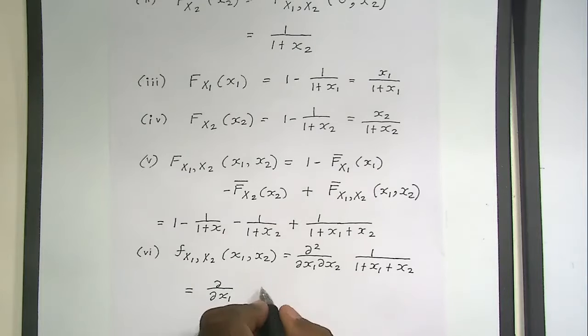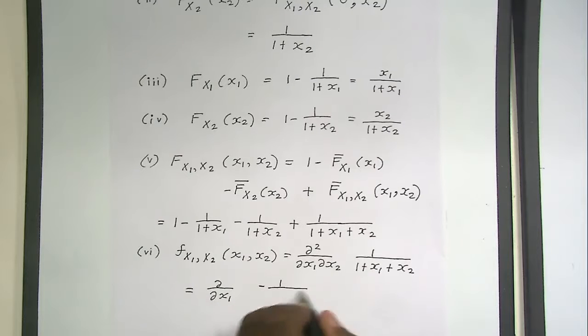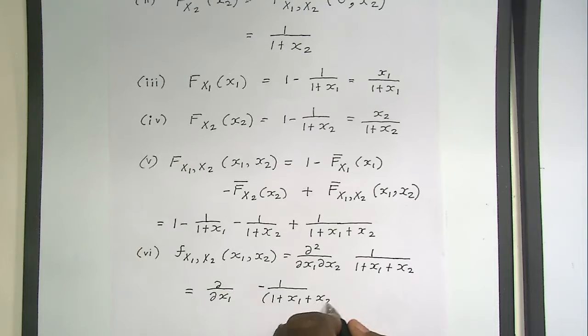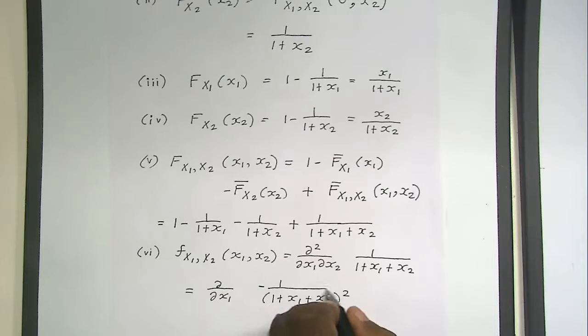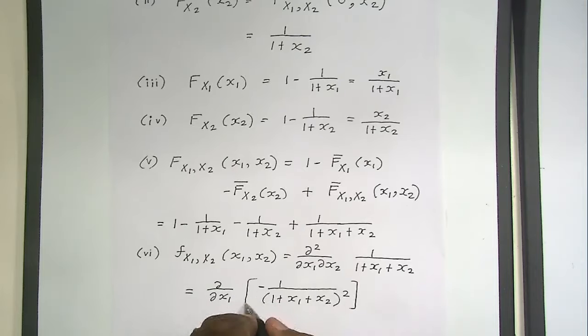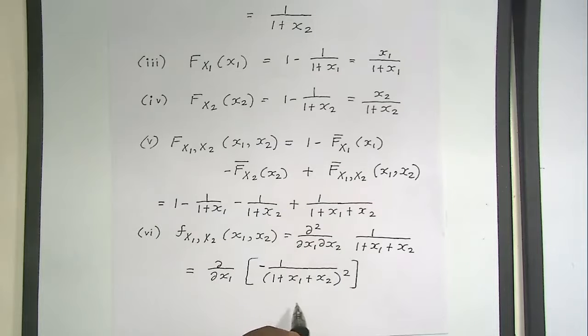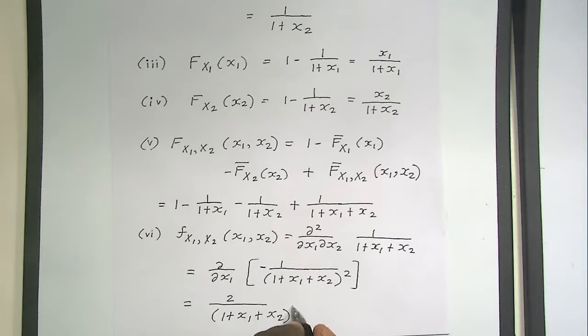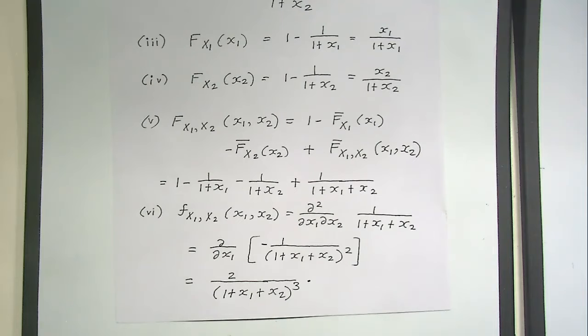It will be minus 1 divided by, okay, and the partial derivative of this with respect to x1 will be 2 divided by, okay. So this is the joint PDF of x1 and x2.